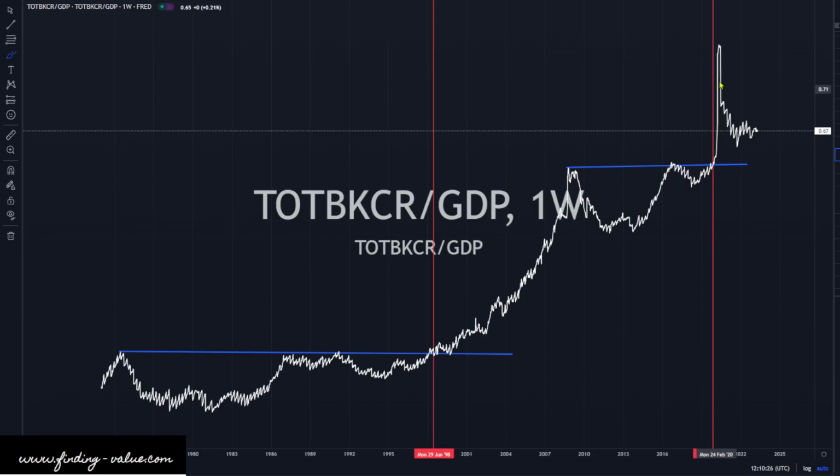We've had large surges higher and then kind of retests back to the breakout level in this general area. So things like nickel look like this, things like copper, where they break big resistance levels, and then we come back to the support levels, what we call it. But that's what that chart looks like. This is just total bank credit outpacing GDP.